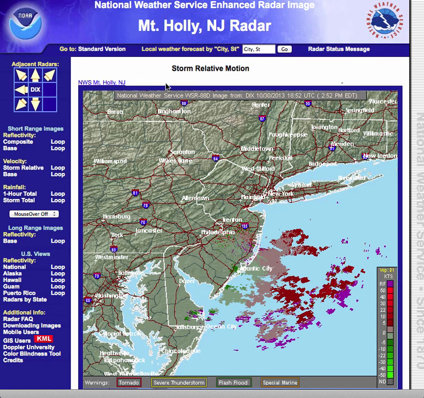In a storm relative data feed, which is what this is, what you're basically doing is trying to see if there's a rotation in a precipitation event. For example, a thunderstorm. So if you have strong winds moving towards and away, right next to each other, that means that there's a rotation.